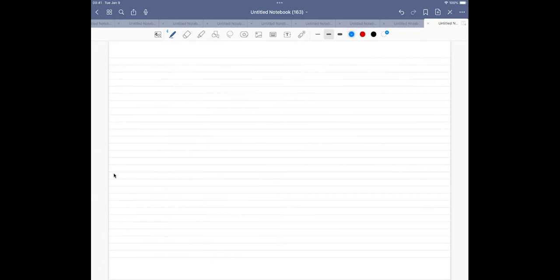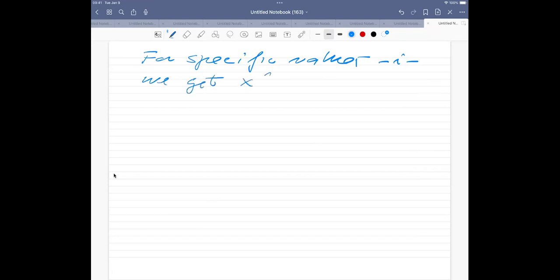If you now look at what we have here, for specific values of i, we have to fetch x of minus 1 and x of minus 2, which are not declared.